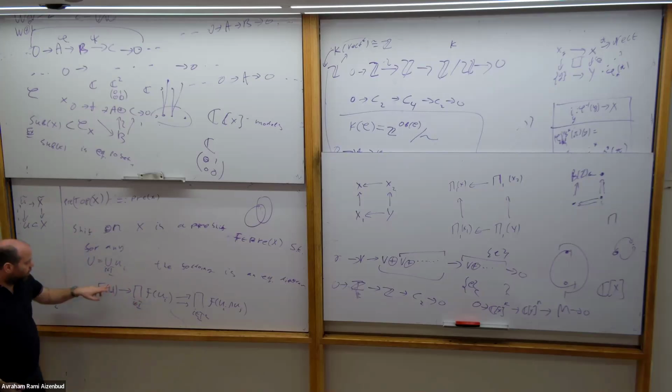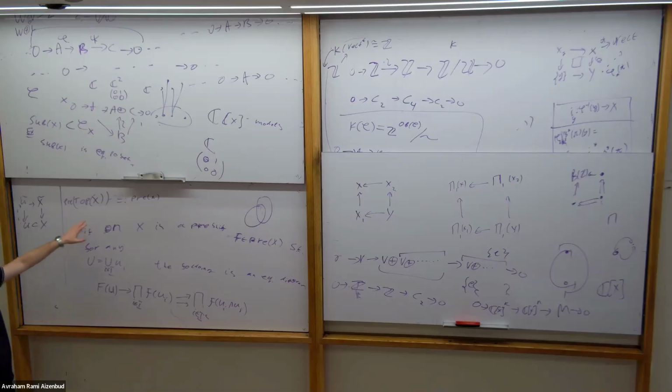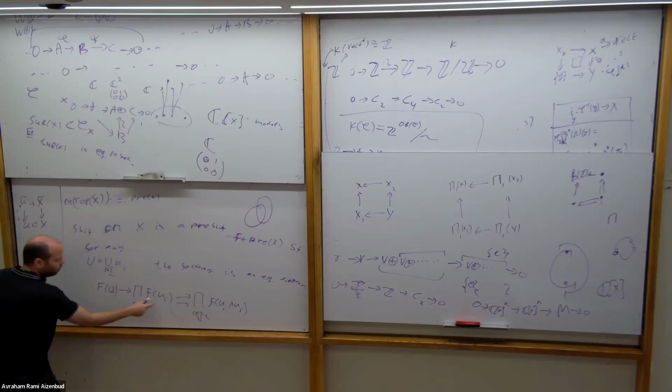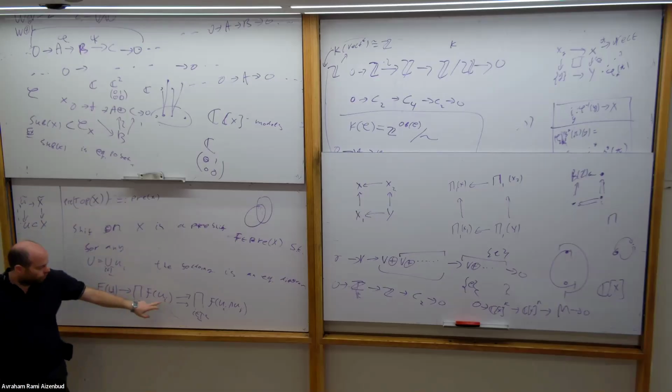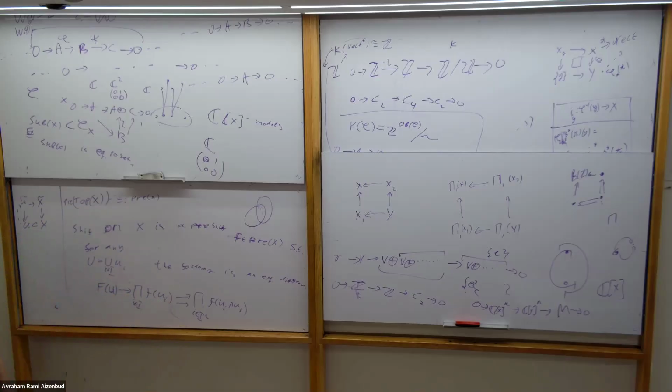For each Ui, if we're embedding from Ui to U, we have this notion of restriction. Since F is a sheaf functor, it gives us a restriction map here. So if we know all the restriction maps, we know the element. So this means that the map from here to here is one-to-one, so also the map to the equalizer is one-to-one.